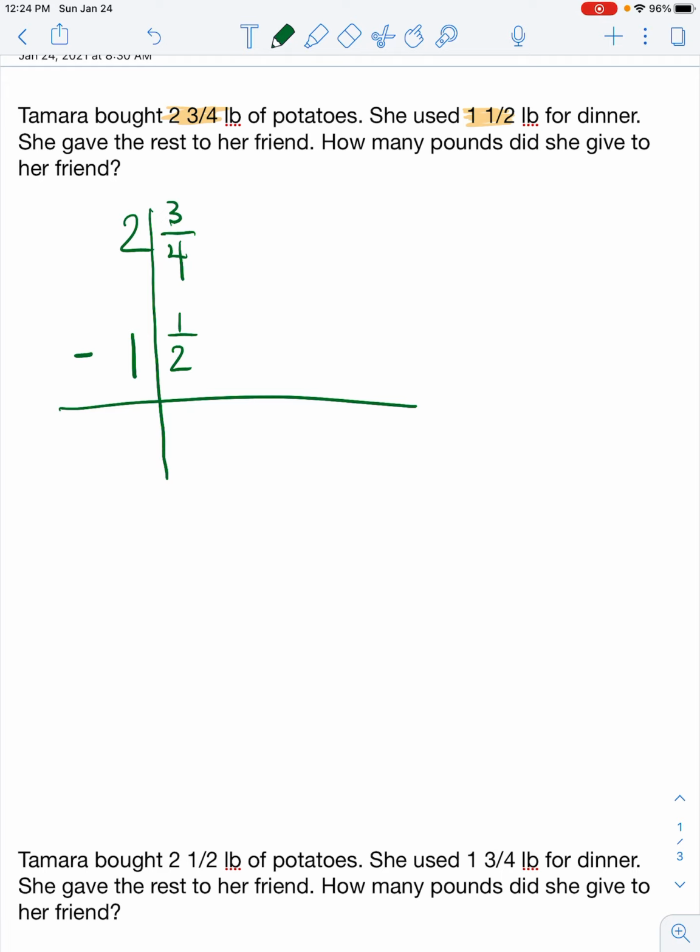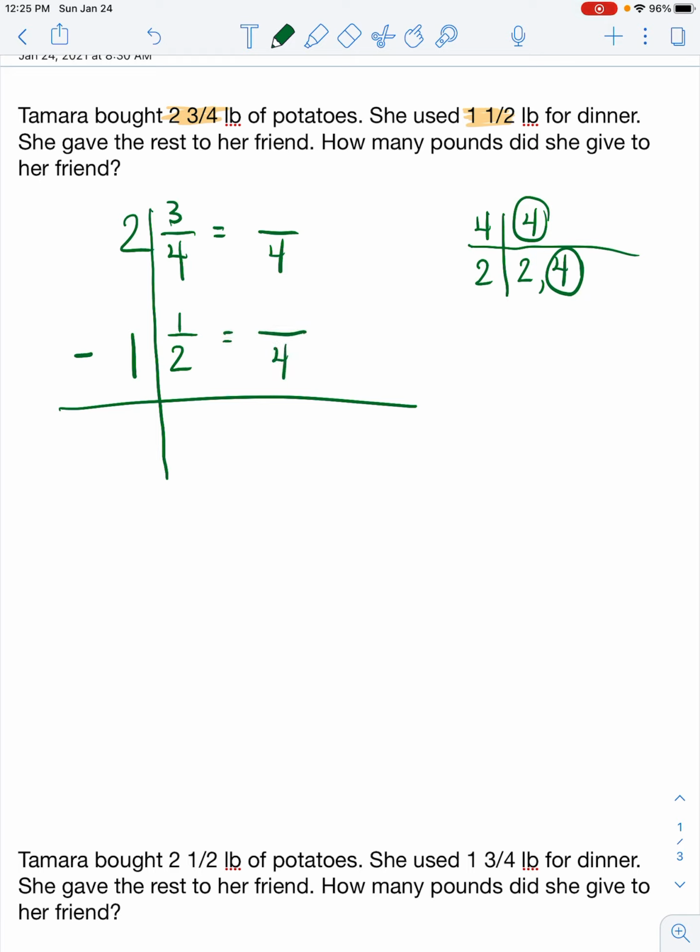So, what do we have to do? It's kind of easy, but we'll go through it. We have to find a common denominator for fourths and halves. If I do my common multiples, I have 2, 4, and then obviously 4 is the least common denominator. So fourths it is.